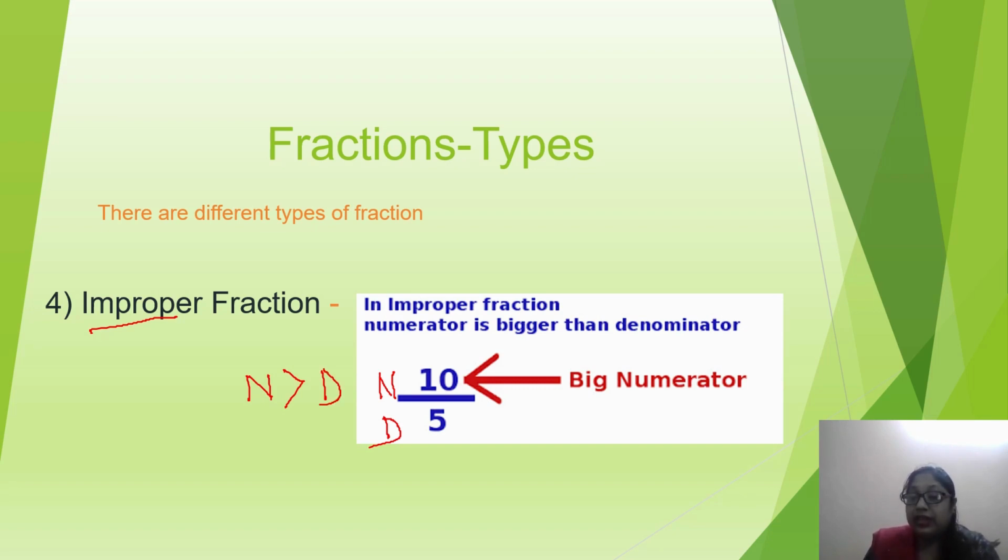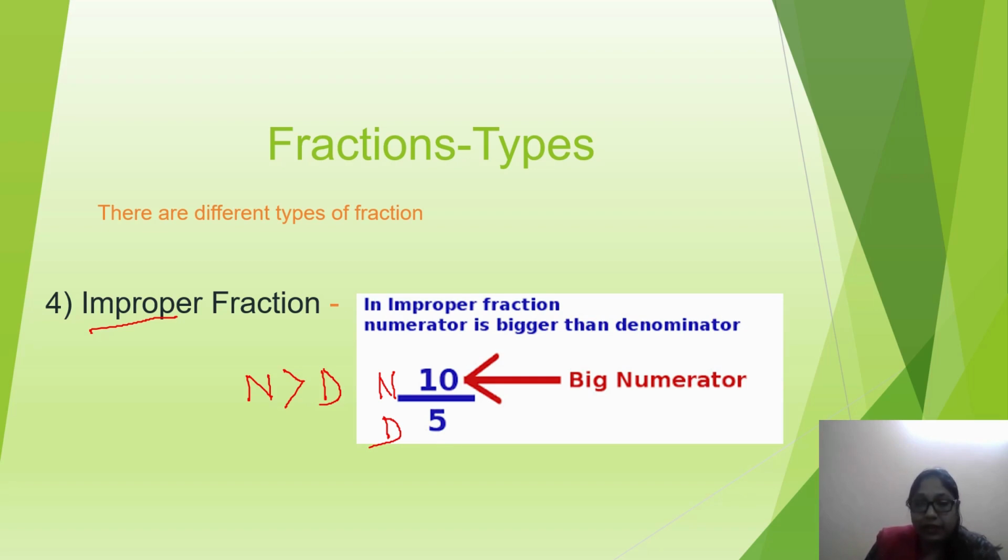For this, easy example is if I'm the big one representing numerator here and a child who is representing the denominator, and the child is carrying me. It looks improper. So in the same way, if numerator is big and denominator is smaller, we can say that these are improper fraction.